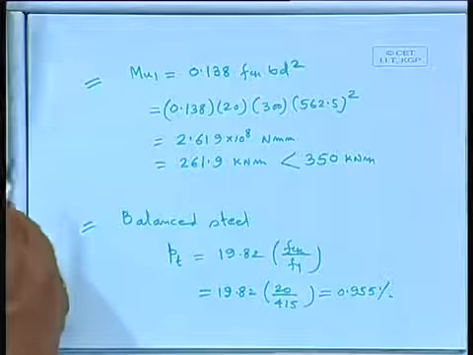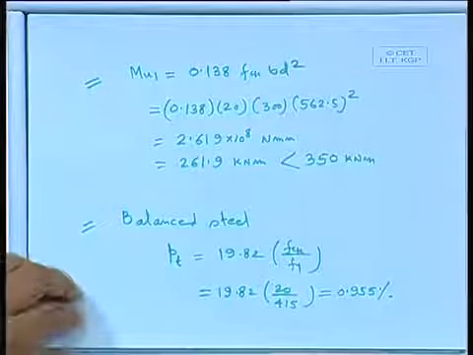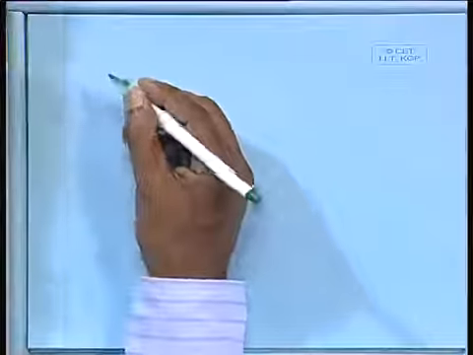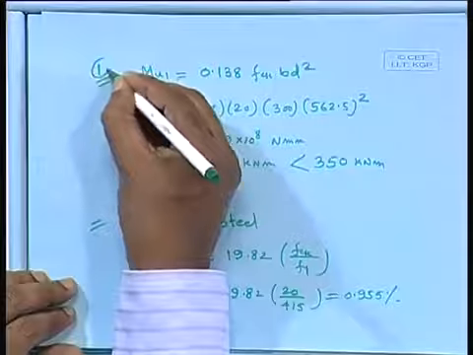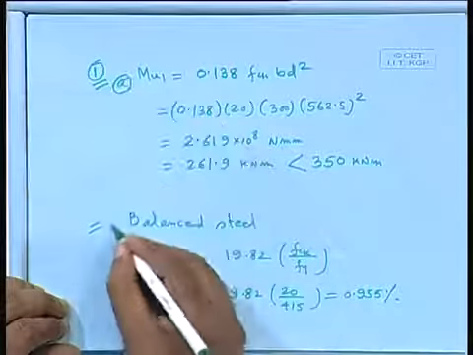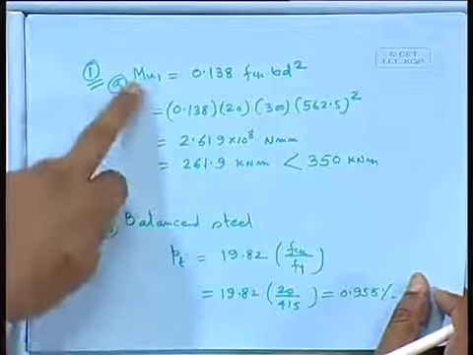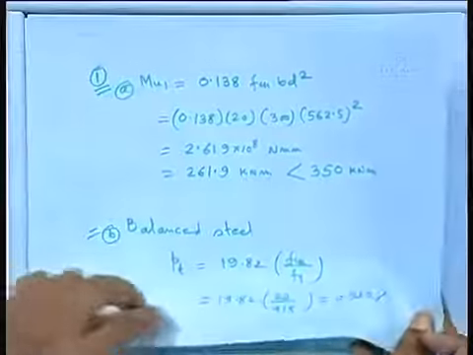Or you can do the same thing from the first principle. Let us number this as 1, with 1A and 1B. So, we are getting this for the balanced section.